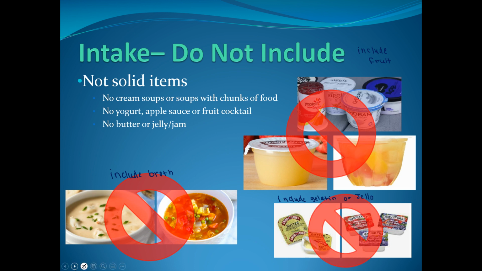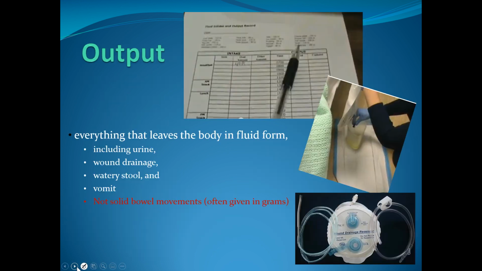When we get to the scenario of output, it's a little bit easier. So if their fluids are being monitored, everything that leaves their body will be somehow caught and measured in milliliters. So the things that leave their body in fluid form would be things like urine, wound drainage, watery stool, and vomit.